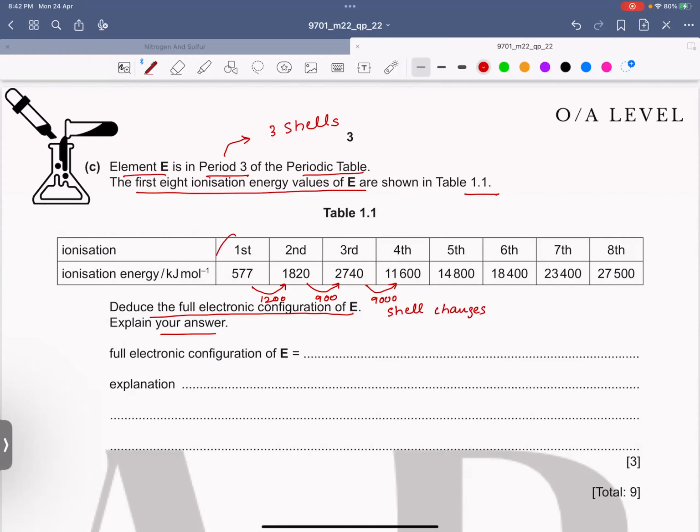So it means that these three belong to the valence shell. Hence, we can further say that there are three electrons in the valence shell, and the valence shell is the third shell. Is this clear to everyone? Yes, sir.